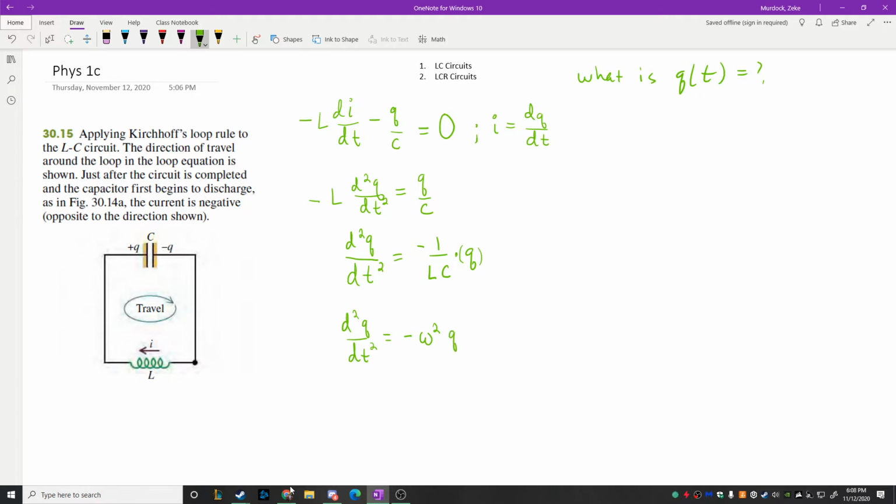And then we just define omega to be equal to 1 over the square root of L times C. And we use that symbol because we know in the end that what we're going to get out of this is a sine function.